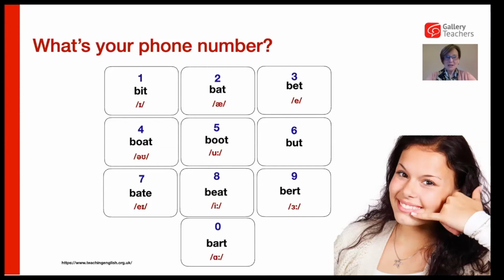What you see is that for each number, they have minimal pairs. Big, bat, but, boat, wood, bait, beat, bird, bart. So you say, okay, my phone number is, write it down, bait, beat, bird, wood, but, boat, bit, bat, bet, okay? So what's my phone number?